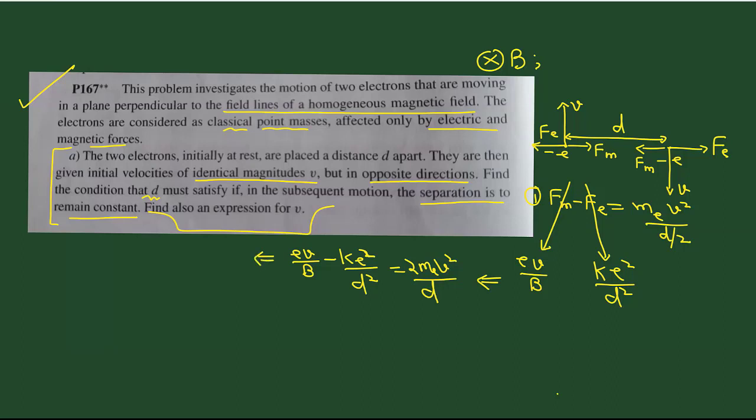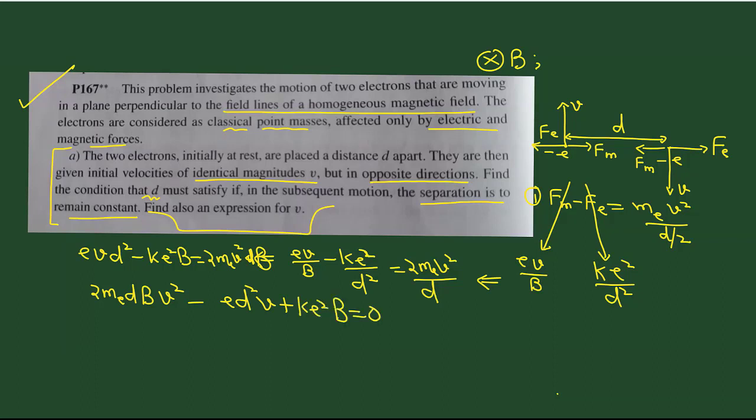So what happened? Let me multiply. So eVBd square minus Ke square B is equal to 2mV square d. So what happened? 2mdB V square minus e d square B V plus Ke square B comes out as 0. And now there are a few things that come to my mind.